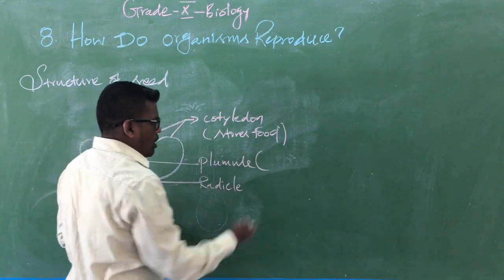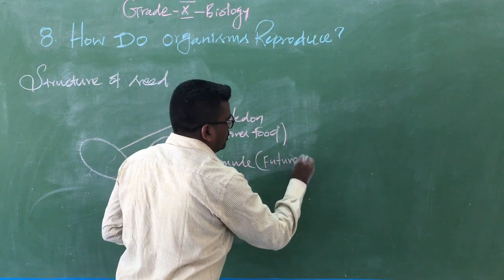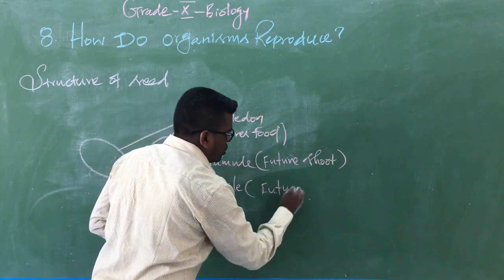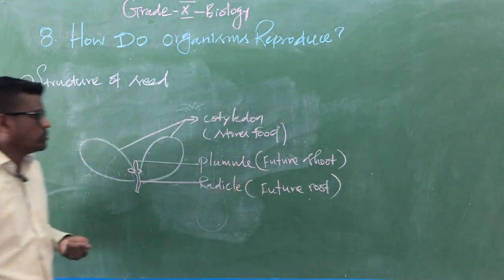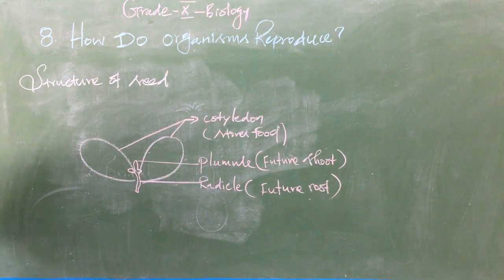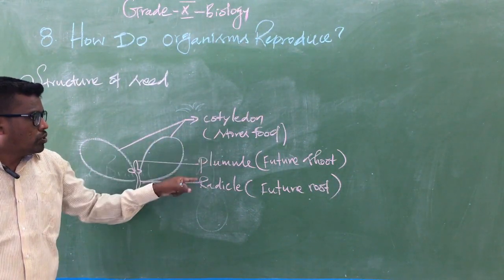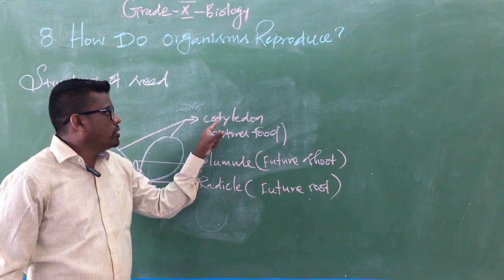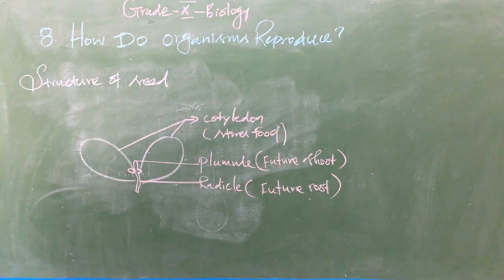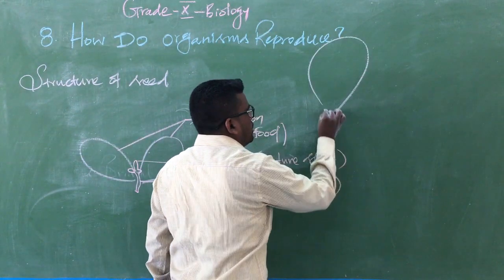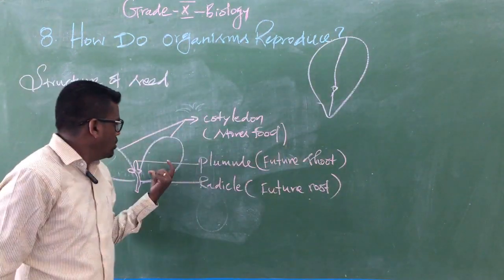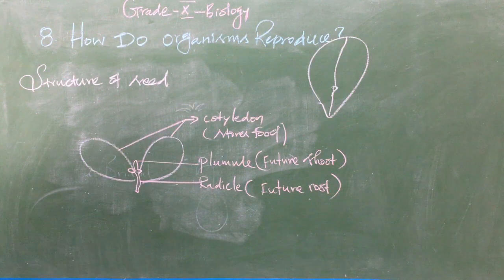The plumule is the future shoot, that is the stem. The radicle is the future root. This is the structure of the seed. The cotyledon stores the food. So when the radicle and plumule start to develop, they need energy, which is obtained from the cotyledon. This is the general structure of seeds.